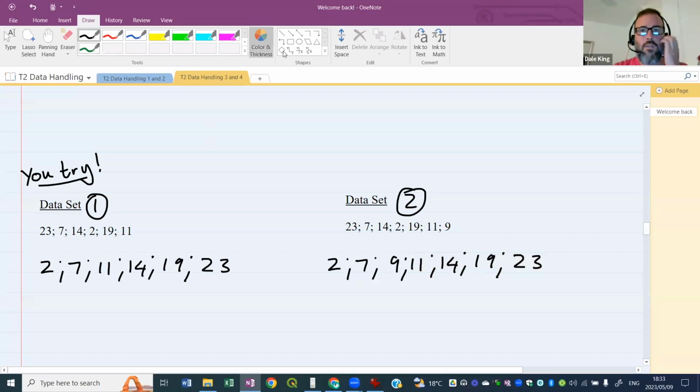Give you 30 seconds and then we'll try this one out. It does take time to put the data sets in order. So hopefully in the exam you don't get a disordered data set. They're not being very nice if they do that.